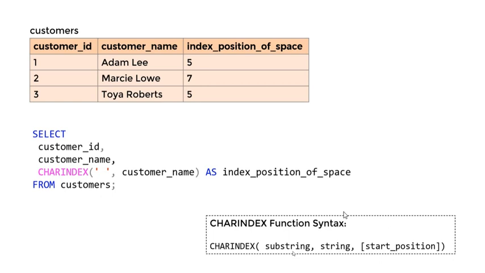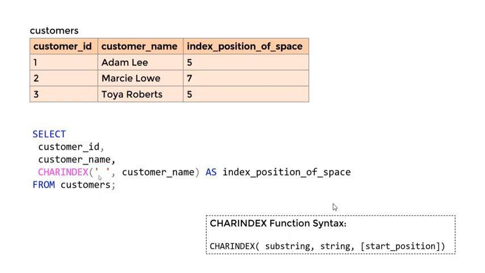Substring, string name, start position. Here we want the position of the space. CHARINDEX gives the position. CHARINDEX empty space, I want the position of the empty space, comma, customer name, from which column? That's the customer name. From start position, no need to give anything.